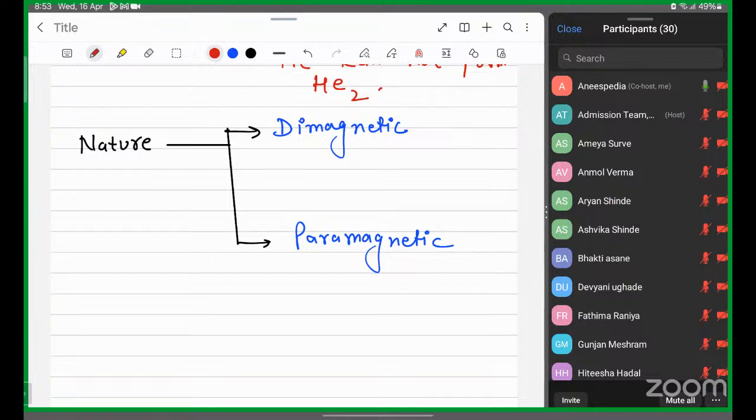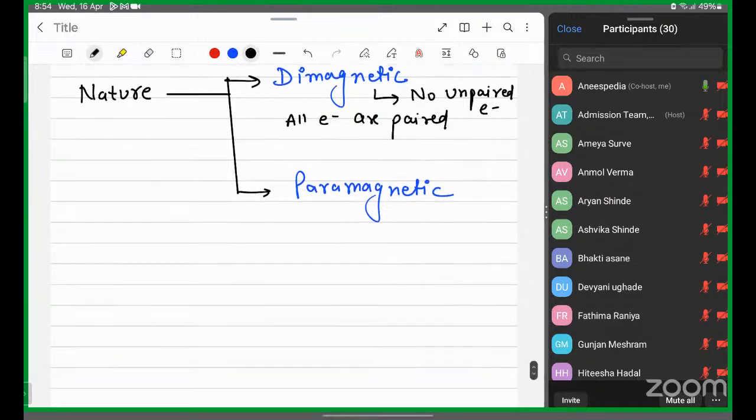Any chemical substance will be diamagnetic if it has no unpaired electrons. All the electrons are paired. In that case, the substance will be diamagnetic.